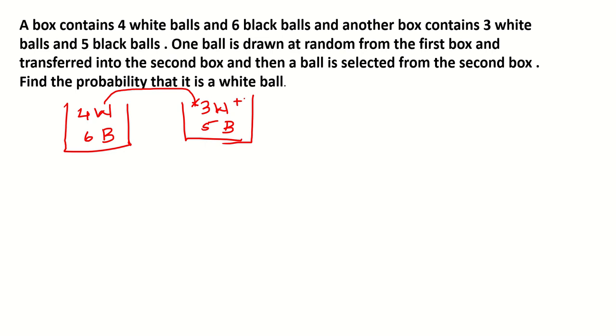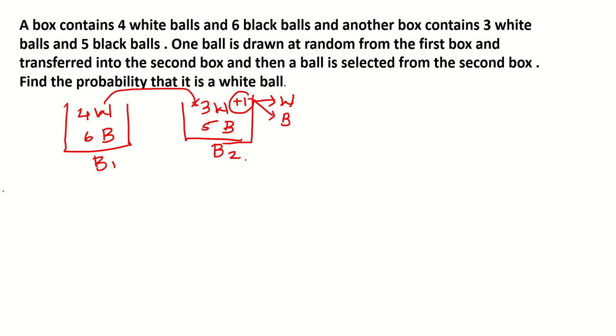We don't know whether this added ball is white or black. We just know it's picked from box 1 and shifted to box 2. Then one ball is selected from box 2, and the probability of it being white is to be found.